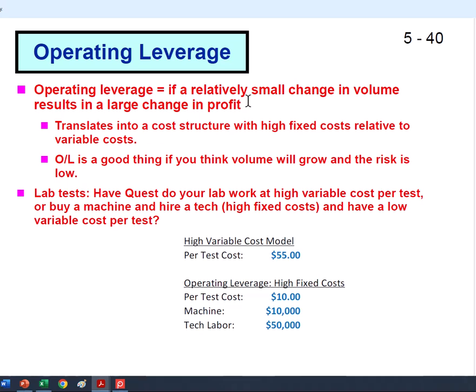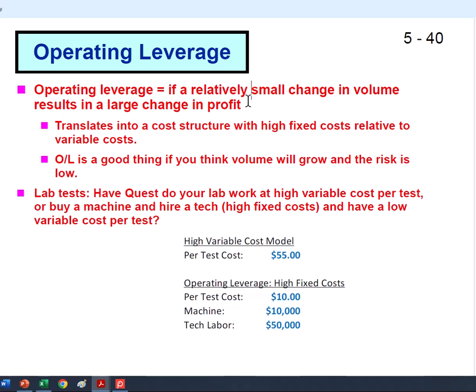Operating leverage is good if you think volume is going to grow and if you think the risk is low, right? So if you think volume is sky's the limit and it's not risky at all, design your cost structure with a lot of fixed costs relative to variable costs, and you'll make more money.